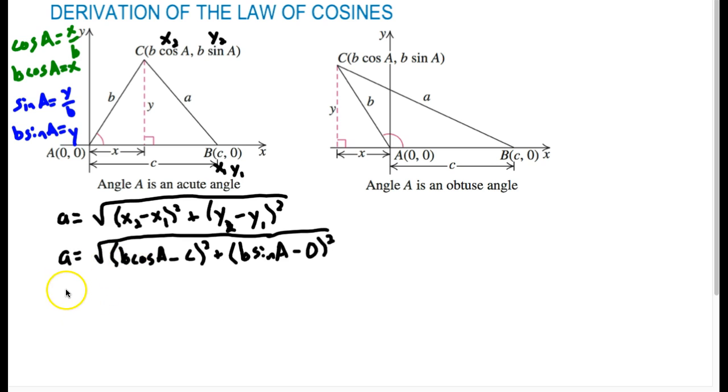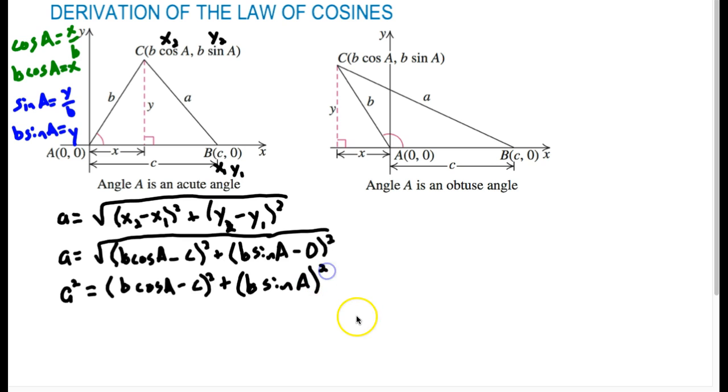So we can go ahead and just square both sides of the equation here. We can say a squared is equal to b times the cosine of A minus c, squared, plus, and then I can get rid of this minus 0 as well. I can just write this as b times the sine of A, all squared.